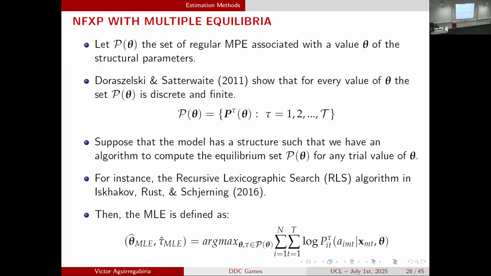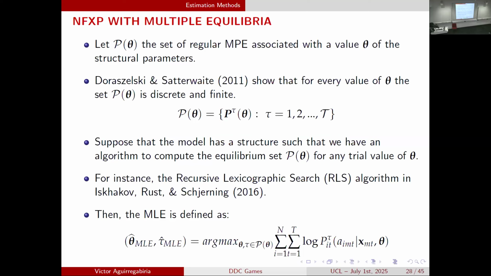In principle we have a likelihood correspondence, but it's possible to define a maximum likelihood estimator, because we can condition on the type of equilibrium to have a likelihood function. The problem is not that conceptually the maximum likelihood estimator is not well defined or does not have the very good properties of maximum likelihood estimation in general. The problem is, again, the computational cost of the implementation. Then let me define this maximum likelihood estimate.